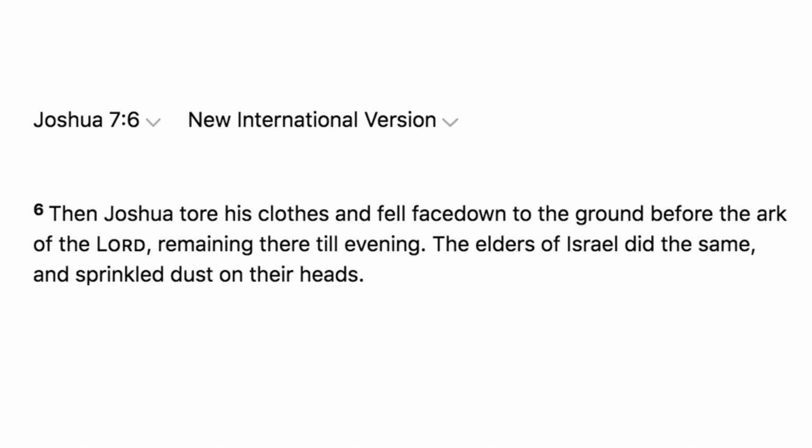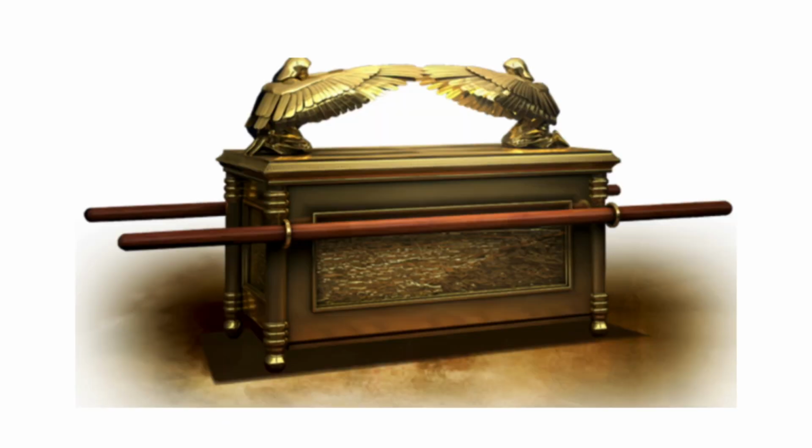We find Joshua 7:6. Then Joshua tore his clothes and fell face down to the ground before the ark of the Lord, remaining there till evening. The elders of Israel did the same and sprinkled dust on their heads. So now we have Joshua and the Israelites falling face down before the ark. And remember, it is the ark that had the cherubim on them.